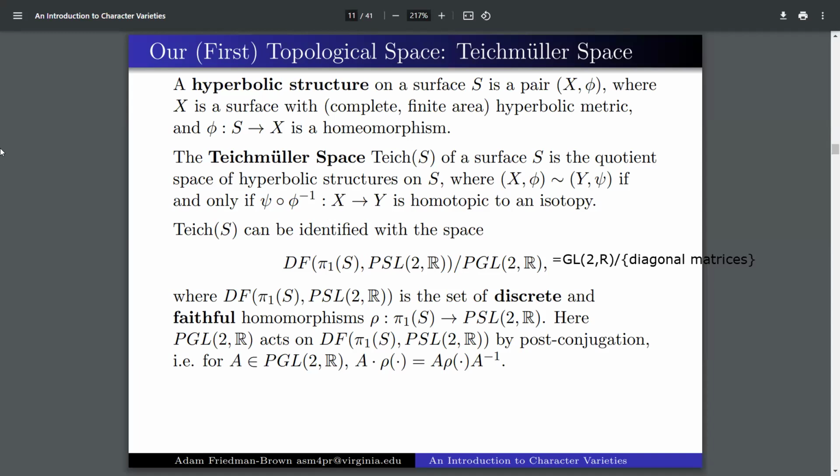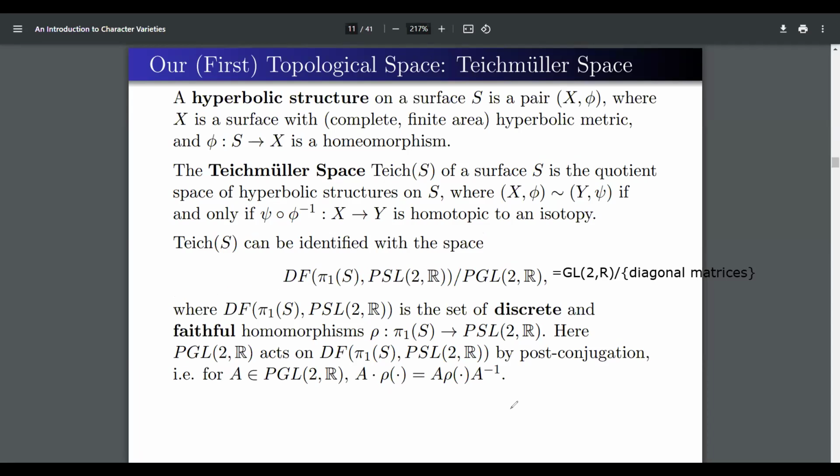But let's say you have your space S, you have your map onto X via phi. One very useful thing to know is that any surface with a hyperbolic metric has universal cover the hyperbolic half plane, which is quite literally a half plane.